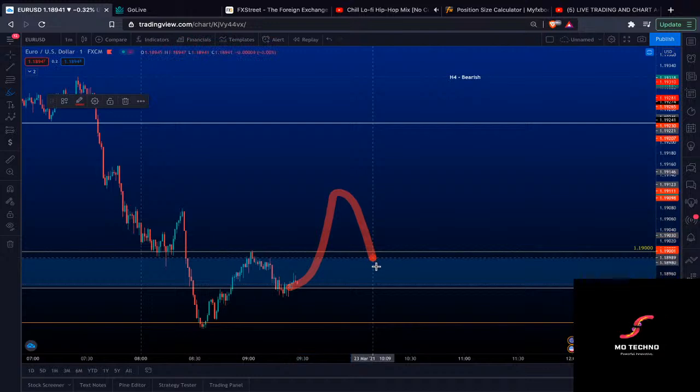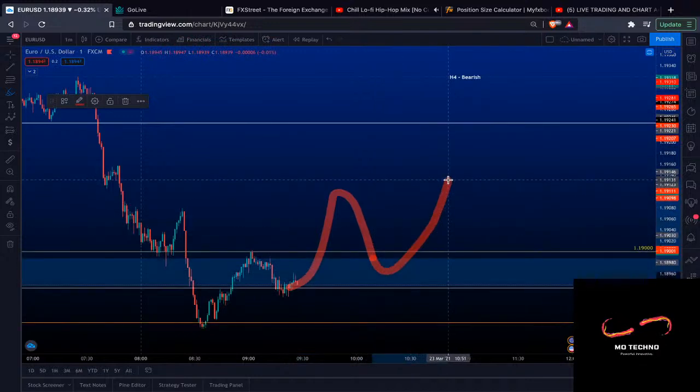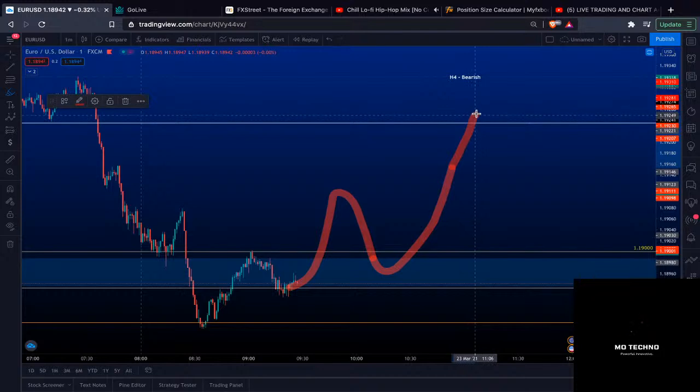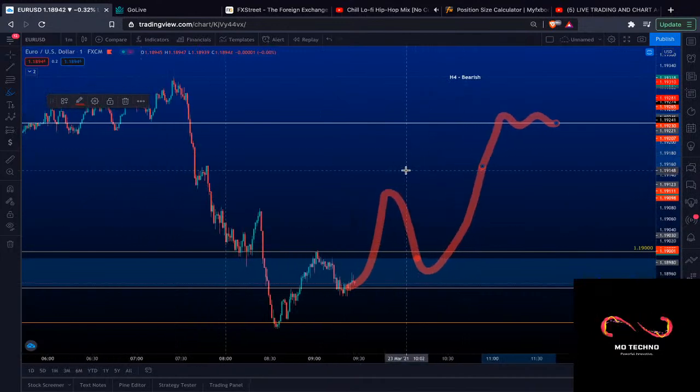Run there to take this thing higher. And higher. Maybe we could see some kind of consolidation down here. Obviously that's where we set our stop losses, you know. We set our stop losses whatever we want. And we continue.